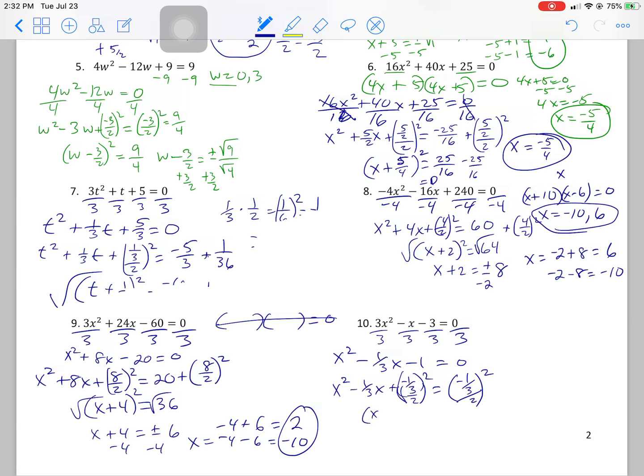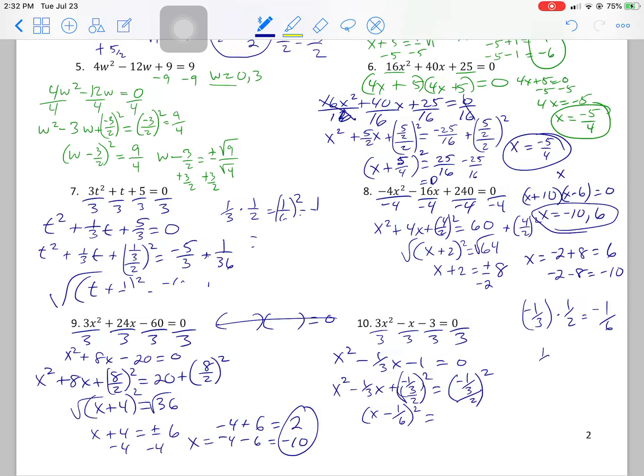So this is going to be x minus, okay, what is negative 1/3 divided by 2? That is the same as multiplied by 1/2, which is negative 1 over 6. All right, squared.